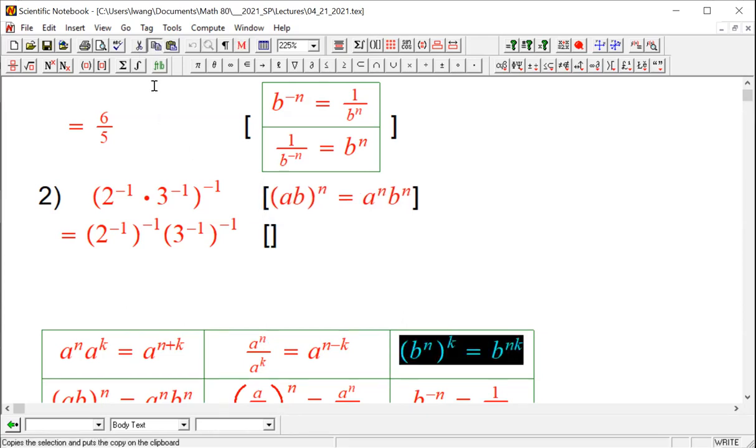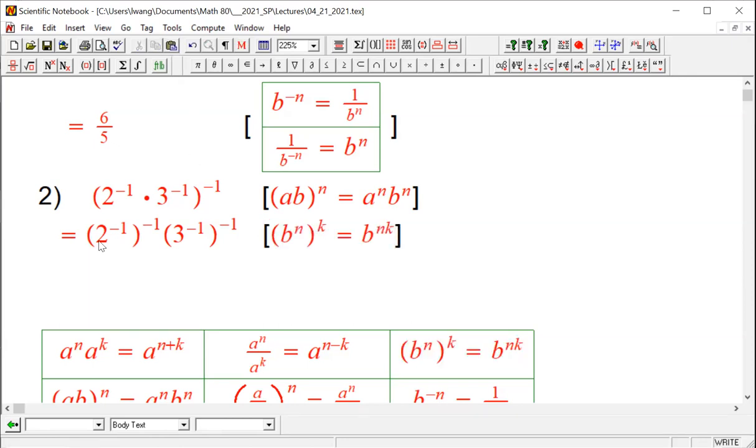So this is the B, right? N is negative 1, K is negative 1.